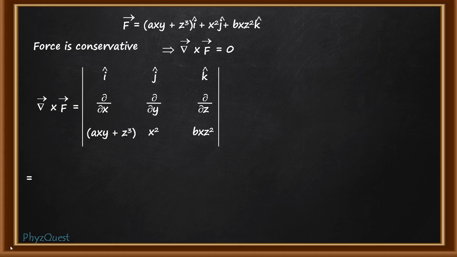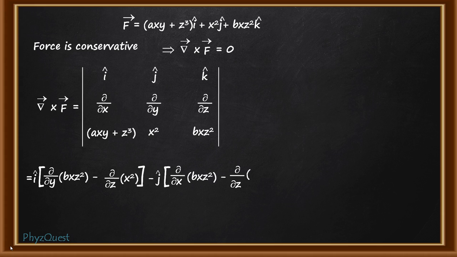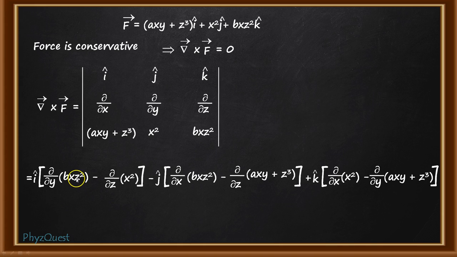it will be equal to i cap [del by del y of bx z square minus del by del z of x square] minus j cap [del by del x of bx z square minus del by del z of (axy plus z cube)] plus k cap [del by del x of x square minus del by del y of (axy plus z cube)]. Now the first term here, this term does not have any y term, this term does not have any z term, so both the terms will be 0.